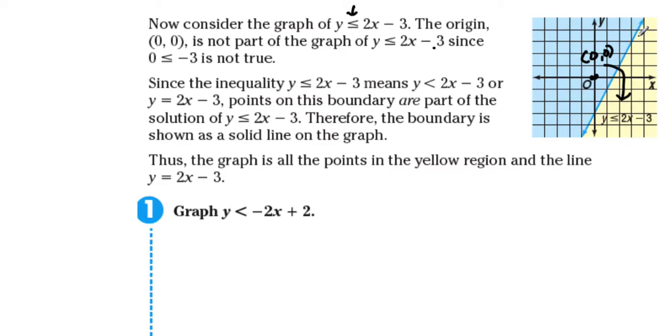And the reason why this is a solid line is because it's a less than or equal to, meaning that all the points on that line will still be part of the solution. So the graph is all the points in the yellow region and the line y = 2x - 3. In this particular case, the solution will be this part of our half plane, everything that's shaded in yellow. Okay?